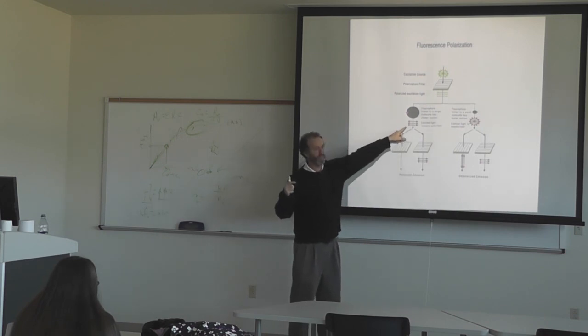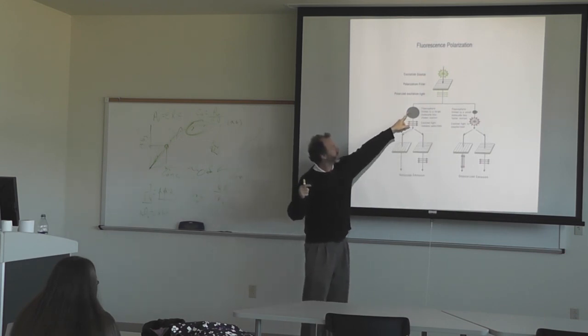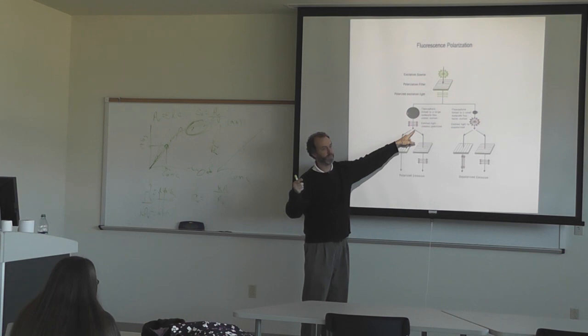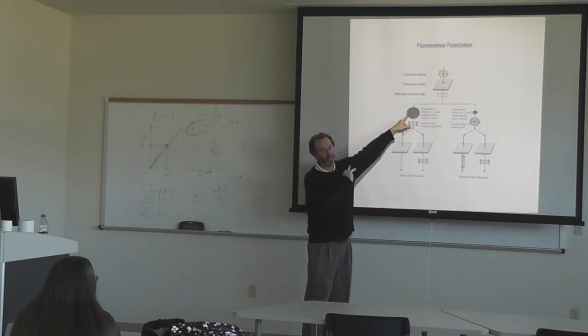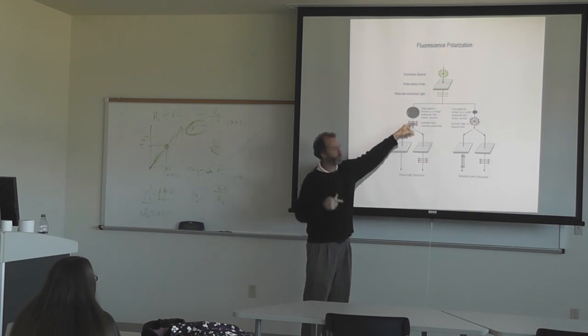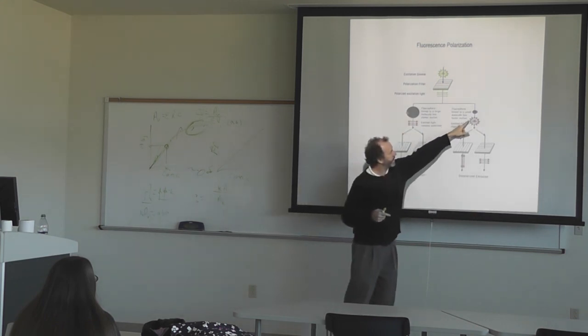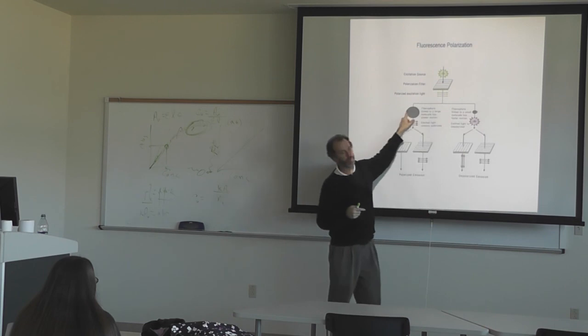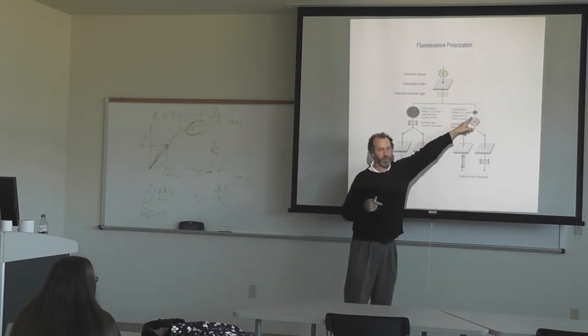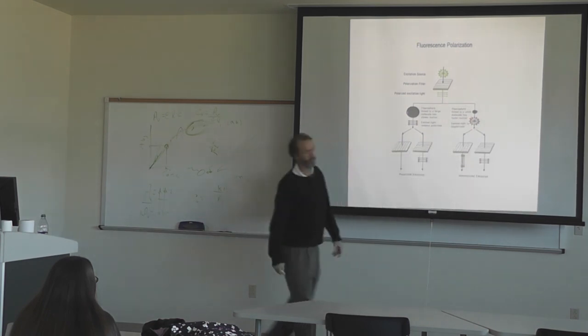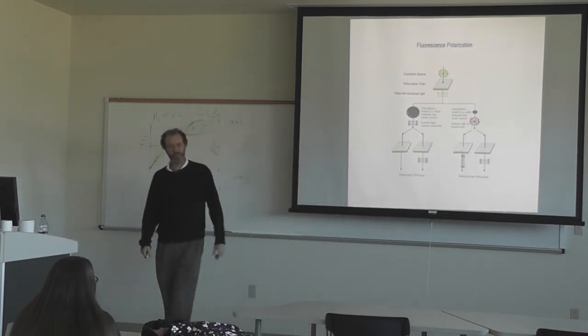When you have less analyte in the sample, there's going to be more large antibodies bound to the fluorophore-labeled small molecule, which is one of your reagents. Whereas if you have lots of analyte in the sample, it'll outcompete the fluorescently labeled reagent, and then you'll get depolarized emission rather than polarized emission. Does that make sense?